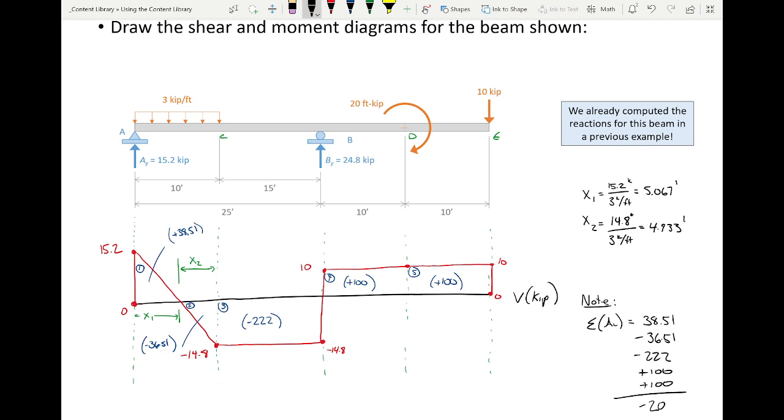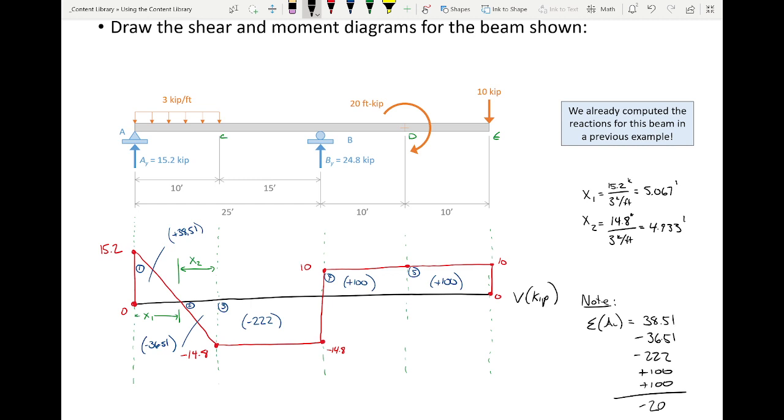Well, let's be clear. These areas represent the integral of the shear diagram, right? And the integral of the shear diagram is the moment diagram, right? Now, we added these areas up and we got negative 20.